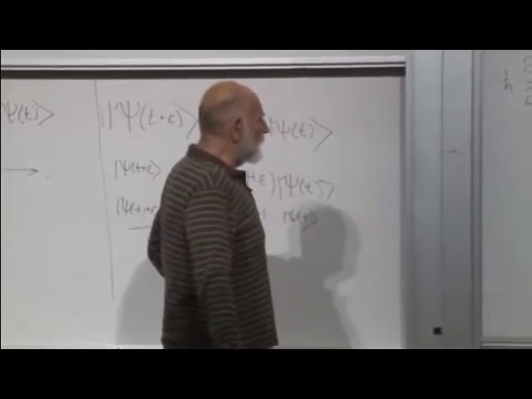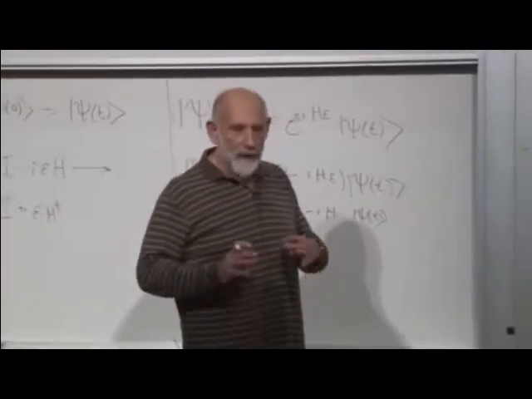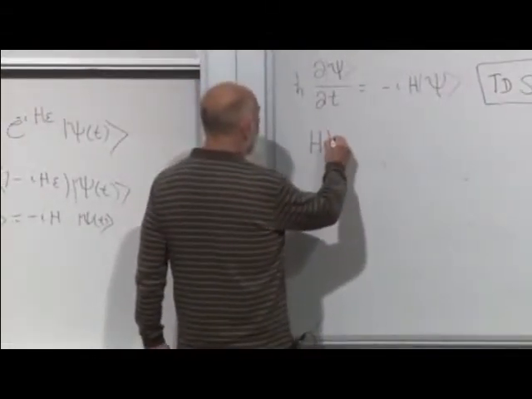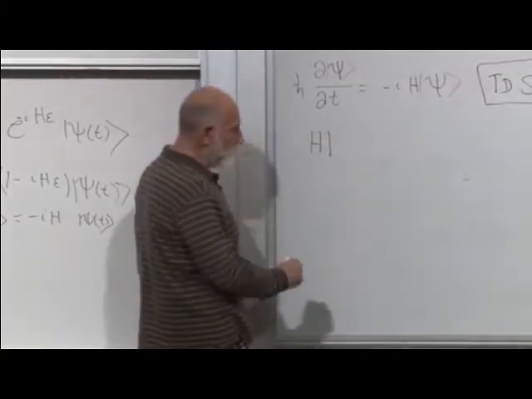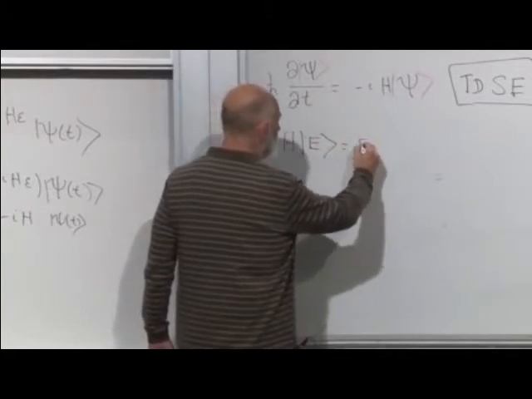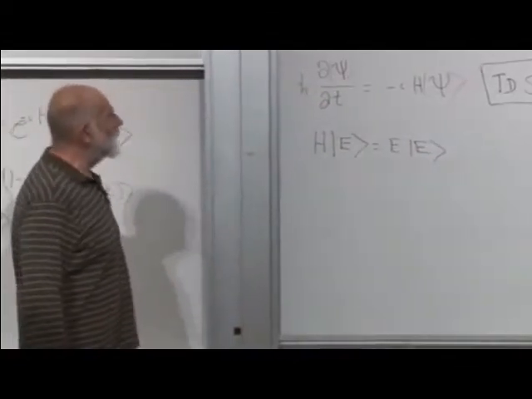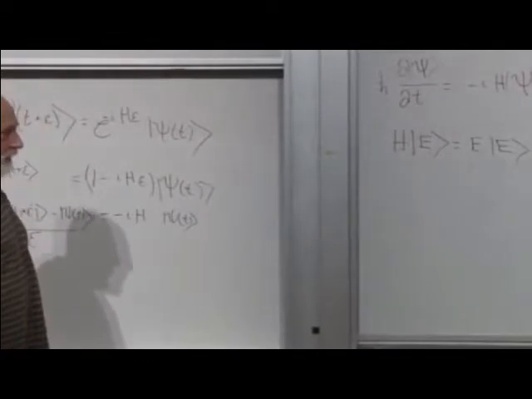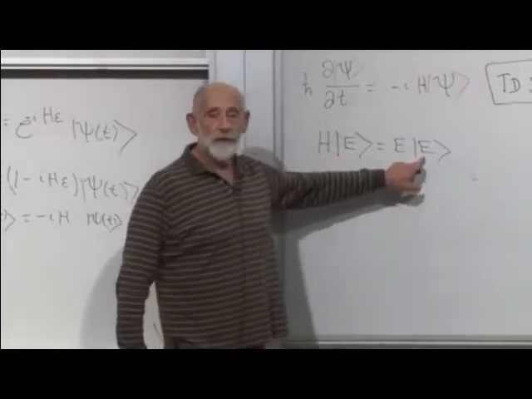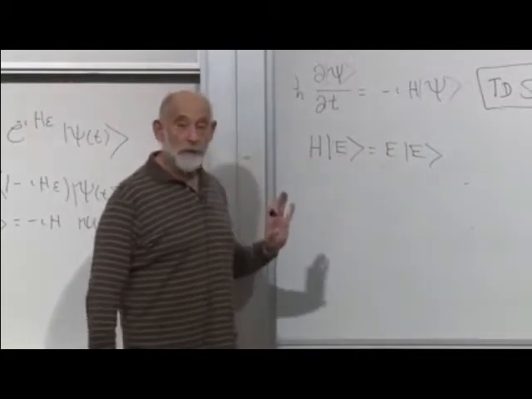Okay, so that's the time-dependent. The time-independent Schrodinger equation, that's just the eigenvalue equation for the eigenvalues of H. And all it says is that H on an eigenvector of the energy, a state with definite energy, is equal to E times that state, E being the eigenvalue of H. So this equation tells you how to find the states and the values of energy that correspond to states of definite energy.